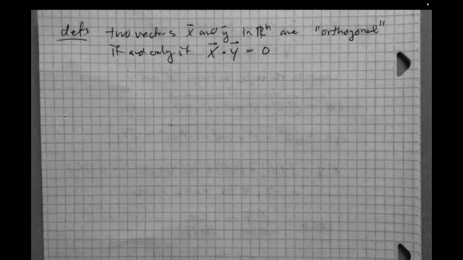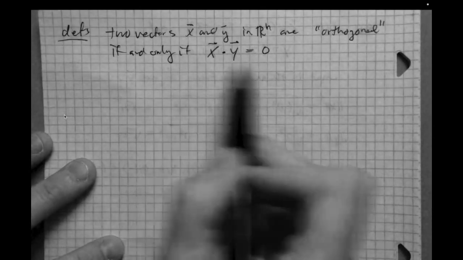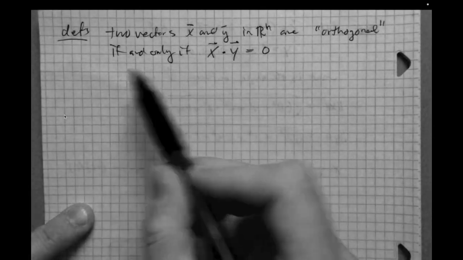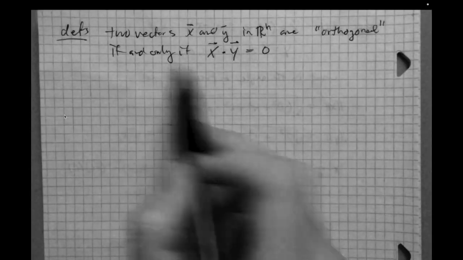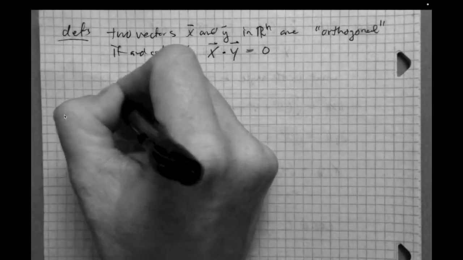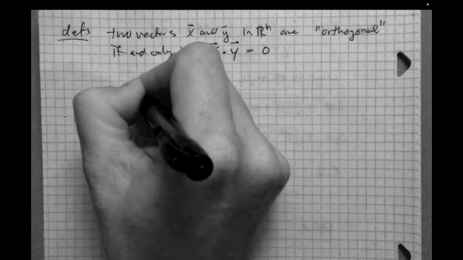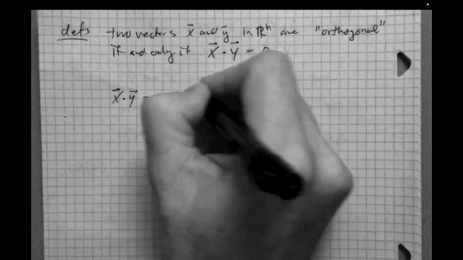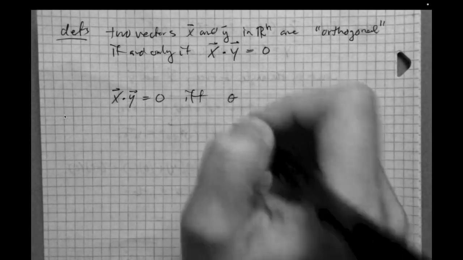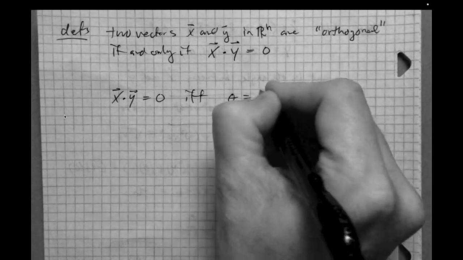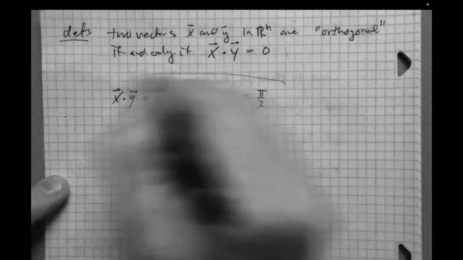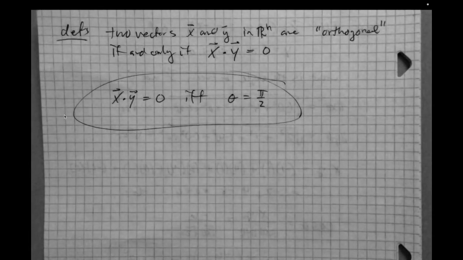Okay, and so what we saw in the theorem that preceded this definition was that x dot y is equal to 0 if and only if theta, being the angle between x and y, is equal to pi over 2, right? And so orthogonal in the pure linear algebra sense means that the vectors have a dot product of 0.